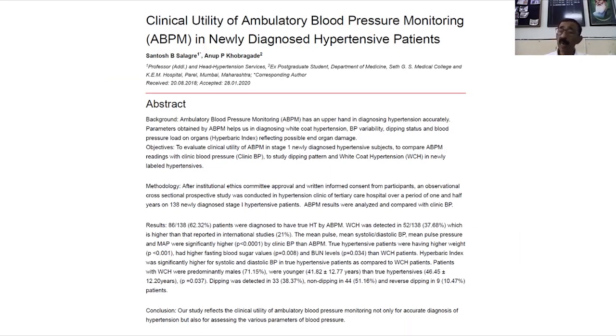It showed that ambulatory blood pressure monitoring is not only good for accurate diagnosis of hypertension, but also for assessing the various parameters of blood pressure. Now, this is even more important.